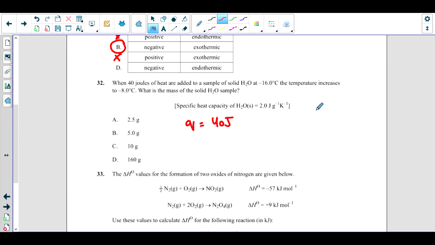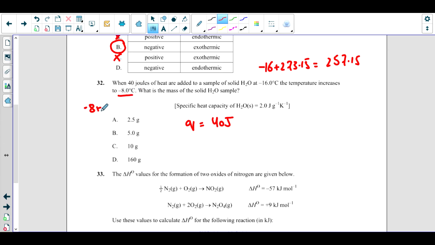If you are getting confused with the negative sign, to avoid it you can just convert to Kelvin: negative 16 plus 273.15, so the negative part will go away. It will be 257.15. It will not make any difference, but still you can do it.